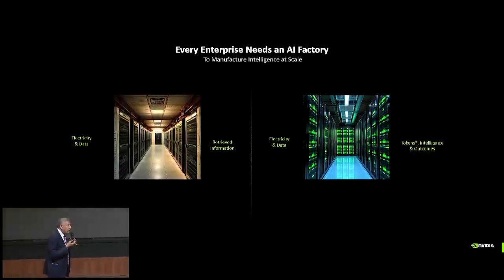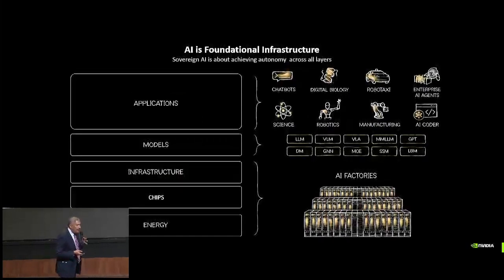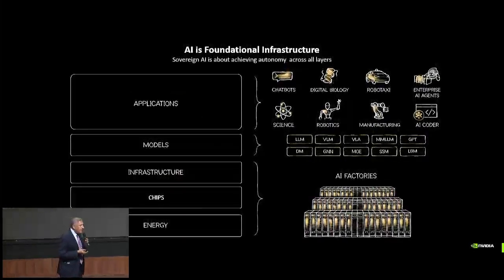And every one of these global capability centers needs their own local AI factory from which they will take their data, their business processes, their IP, and convert it into intelligence. And so this is a very big opportunity here in India. And as we described, this is foundational infrastructure.